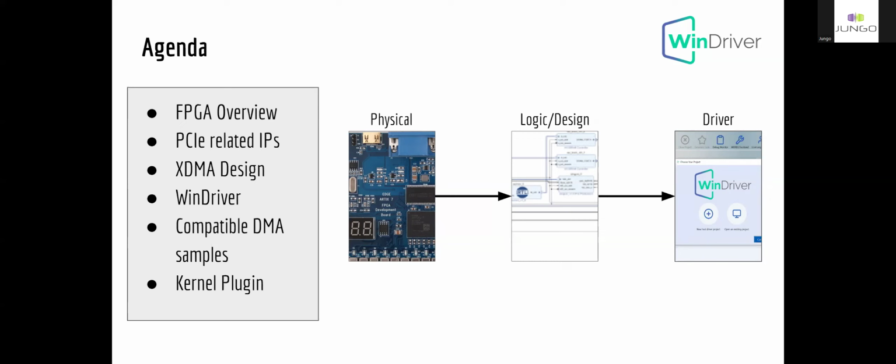Of course, we will talk about WinDriver. We will see the DMA samples we provide that are compatible with several IPs by different manufacturers. And I will mention kernel plugin and show you how significant it can be to improve your driver performance.